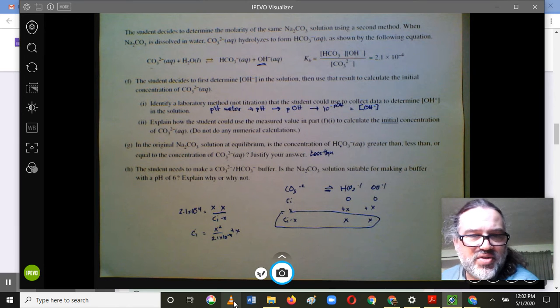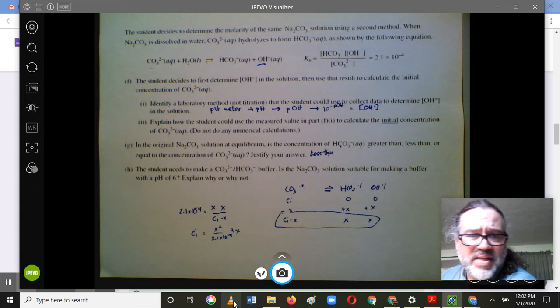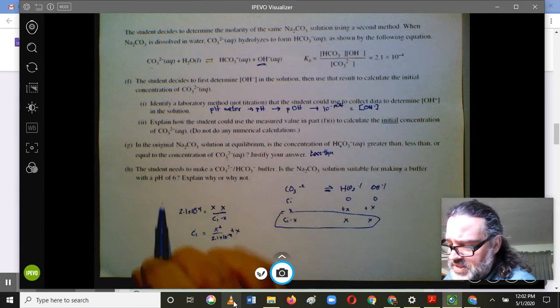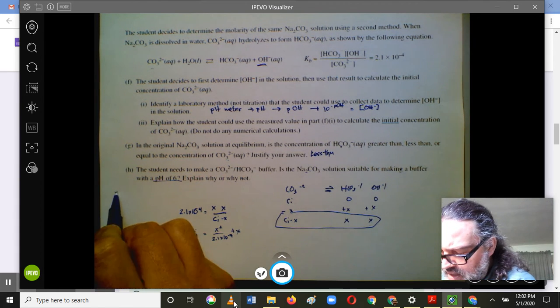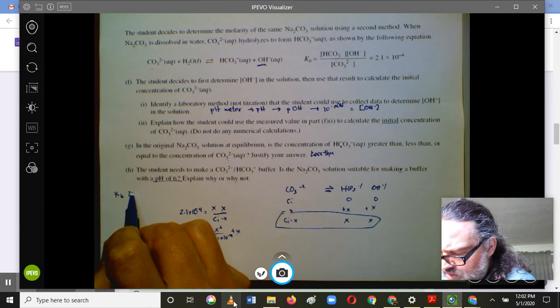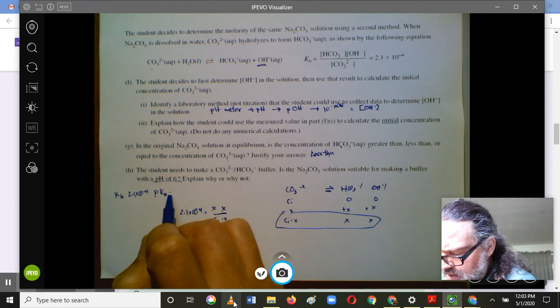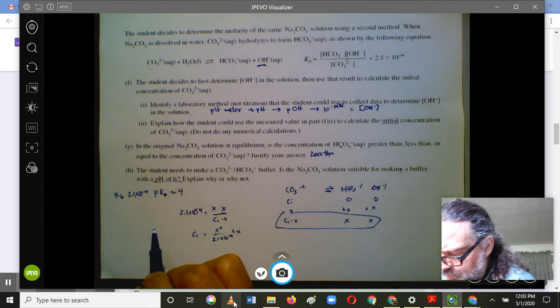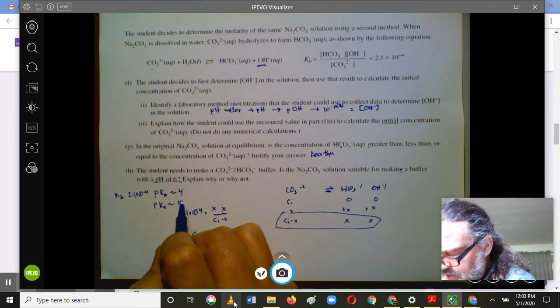Finally, it talks about H. The student needs to make a CO3 2-/HCO3 minus buffer. This is that Henderson-Hasselbalch idea of making a buffer with a set point. And they want that set point to be at a pH of about 6. Let's think about this. We know that the Kb is going to be 2.1 times 10 to the negative 4, so pKb is approximately 4. Well, pKa would then have to be approximately 10, right?